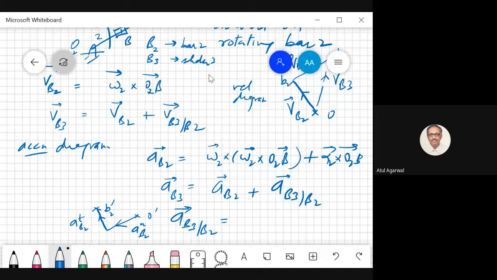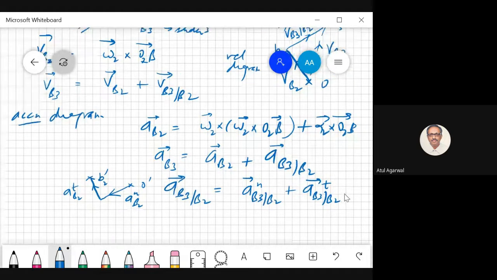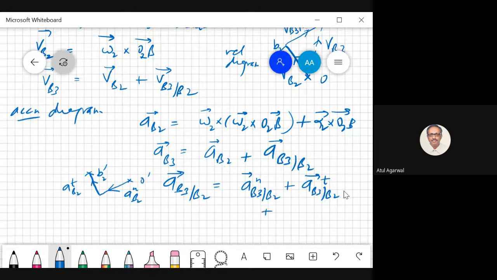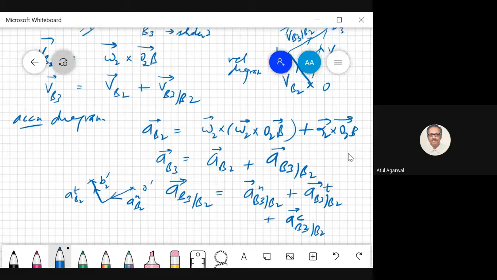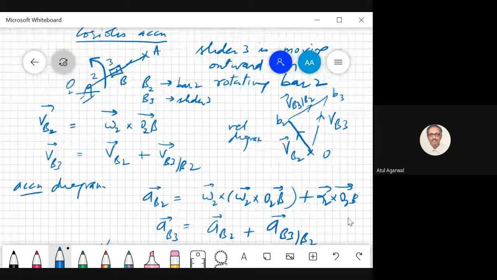So one is, you can write B3 with respect to B2 normal, tangential, plus there is a Coriolis term. You see, this slider is moving outwards. So what will be the relative acceleration?